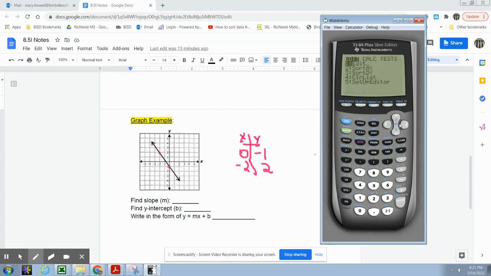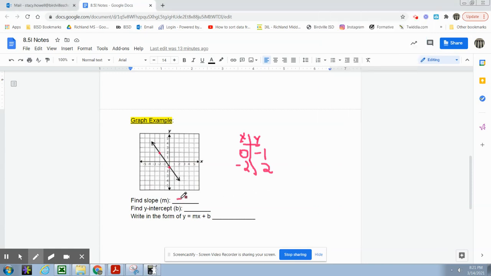I'm going to hit stat, tab, 4, enter, and I know I got the same answer as I did before, and my slope is negative 1.5. My y-intercept is negative 1, and I know my answer is the same as we wrote before, negative 1.5x minus 1.